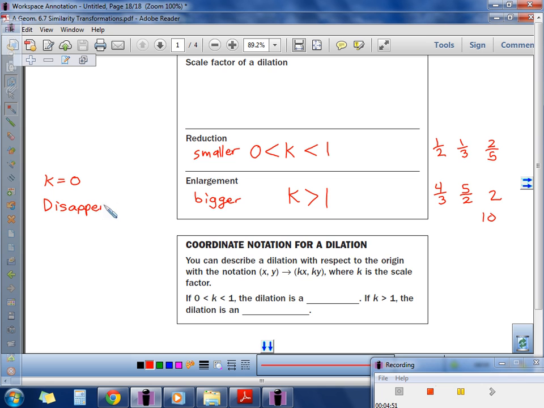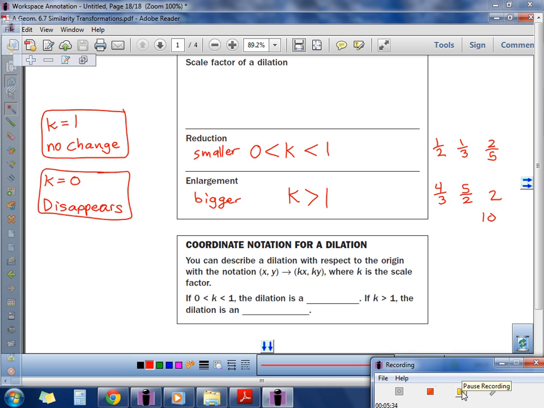Whenever you have a scale factor of 0, everything disappears, so you won't see that very often. What happens when you have a scale factor of exactly 1? No change. It stays exactly the same size.